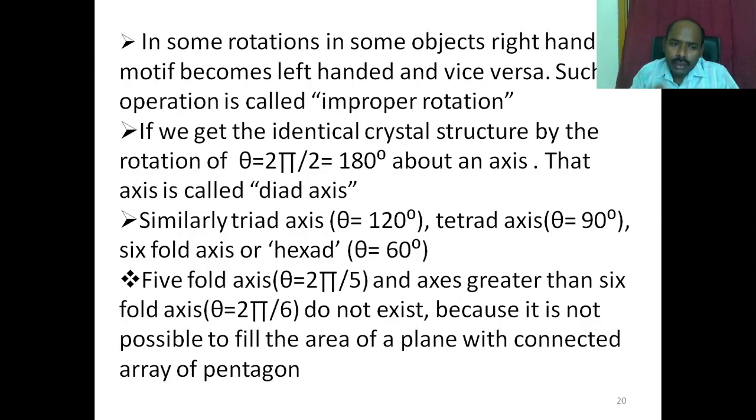To get the same appearance, we have to rotate the crystal or object 6 times. Therefore that axis is called a six-fold axis or hexad.